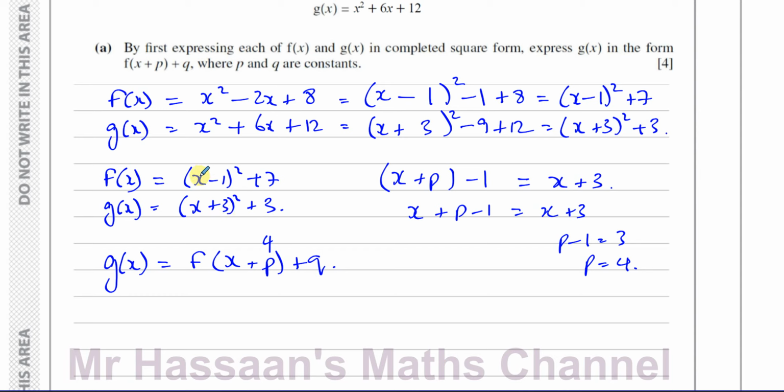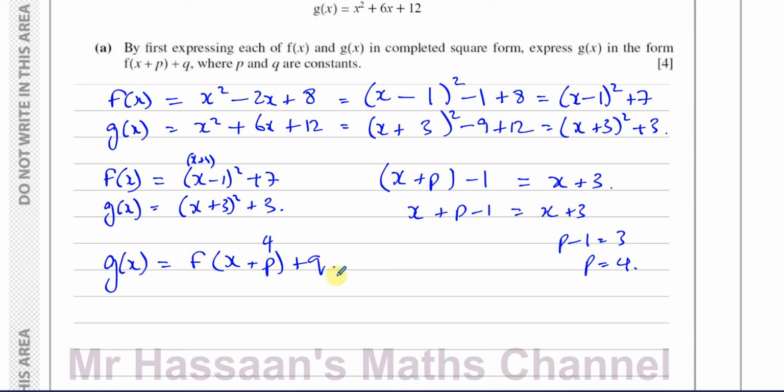For me to end up with x plus 3, I have to replace the x with x plus 4. If this is x plus 4, then I get x plus 4 minus 1, which is x plus 3. And I want the 7 here to end up as 3.